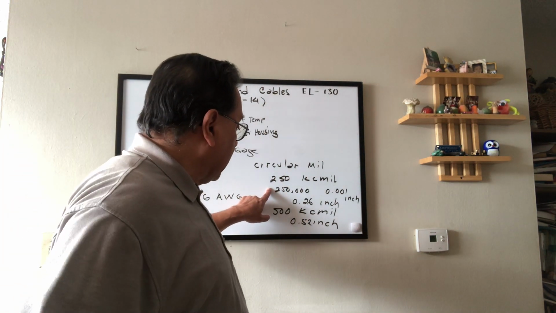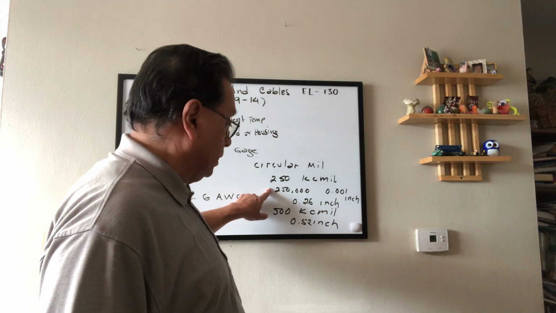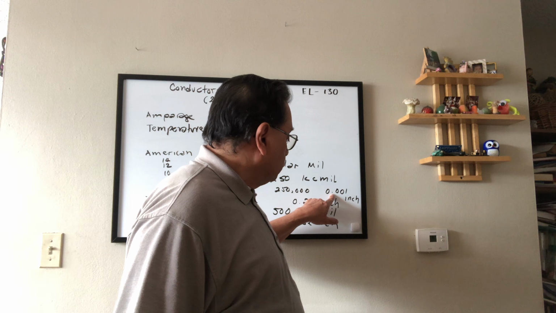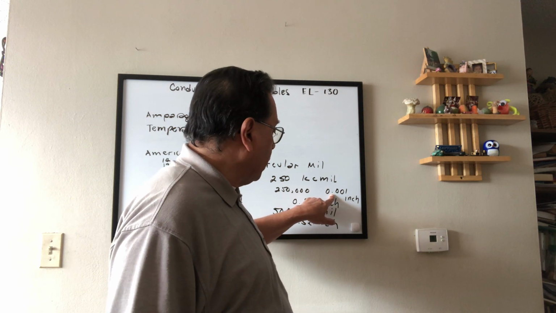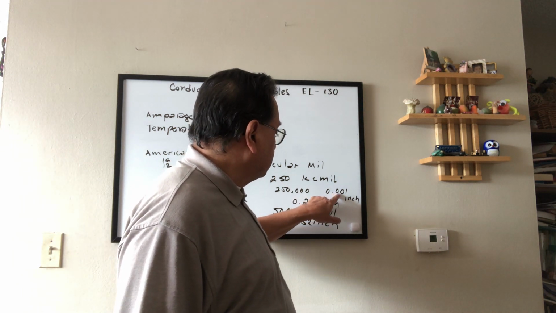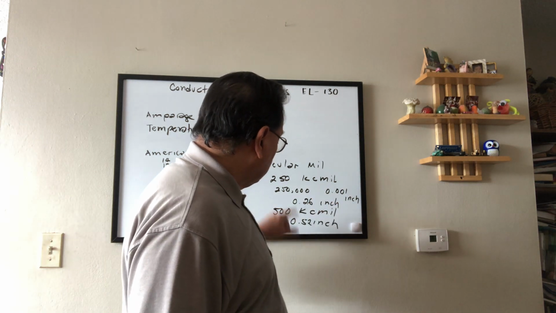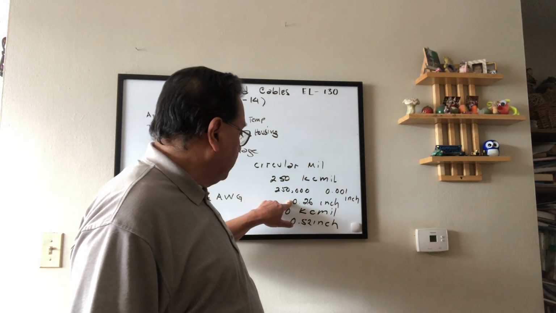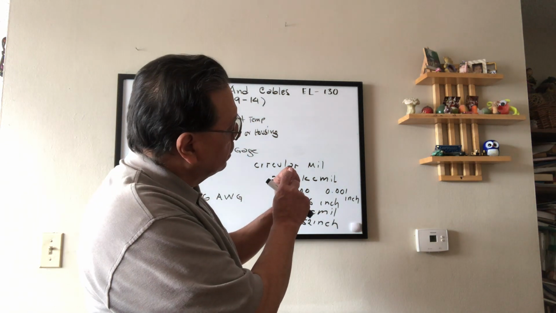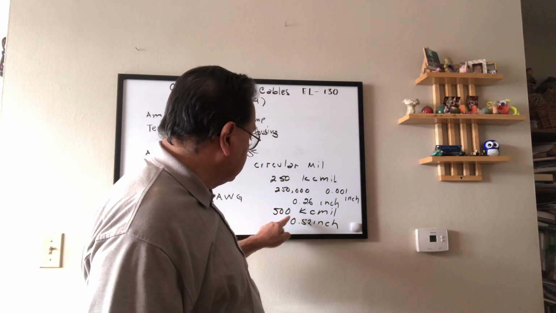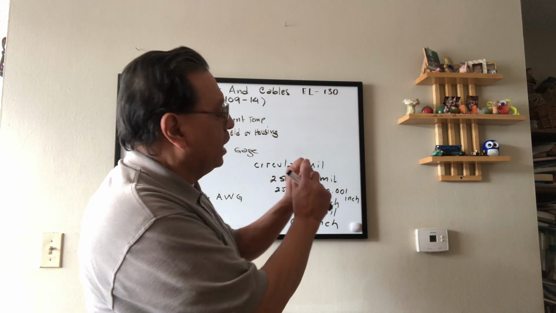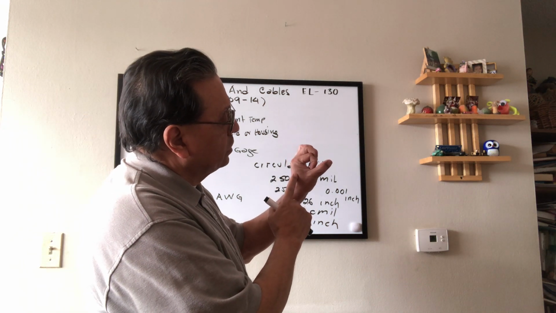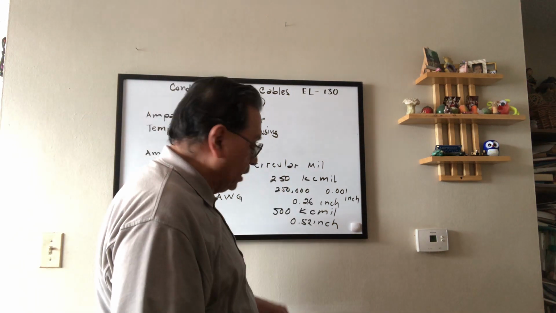This means that I have 250,000 very small electrical conductors whose diameter of each of them is 0.001 inch. So all of them together will have a diameter of 0.26 inch, which is like this. Okay, and 500 kcmil is almost half an inch, which will be like this. A quarter of an inch is like this. Very thick electrical conductor.